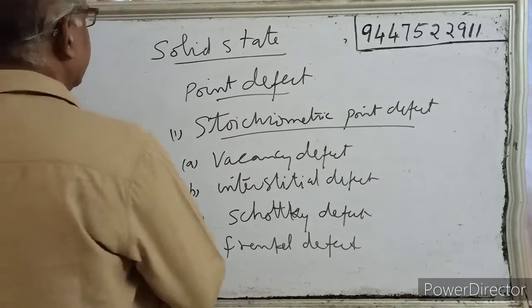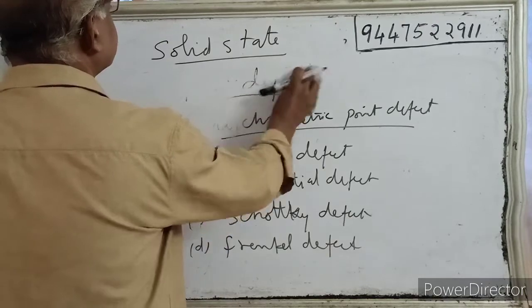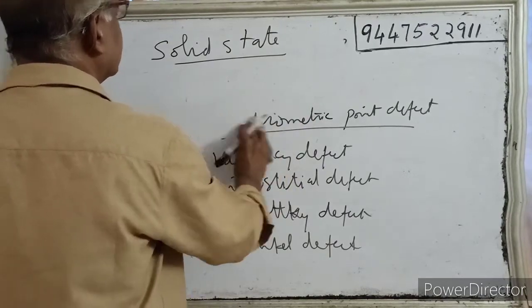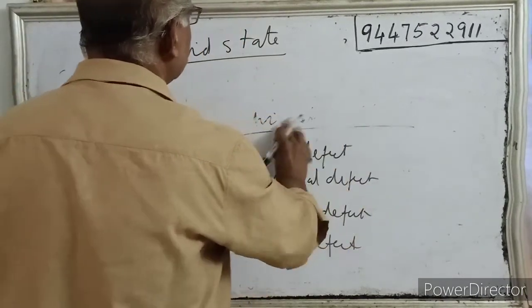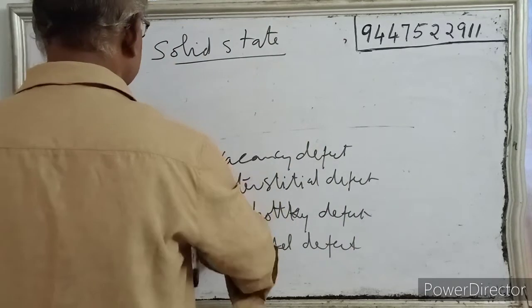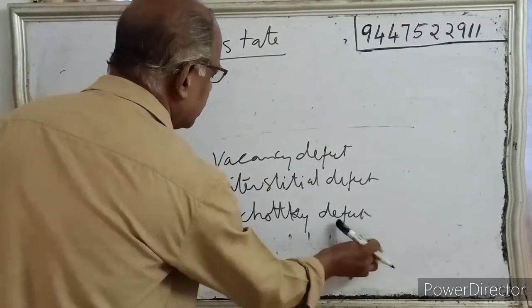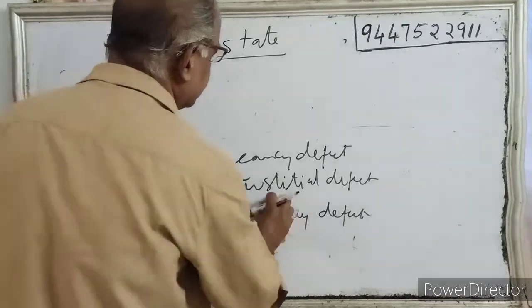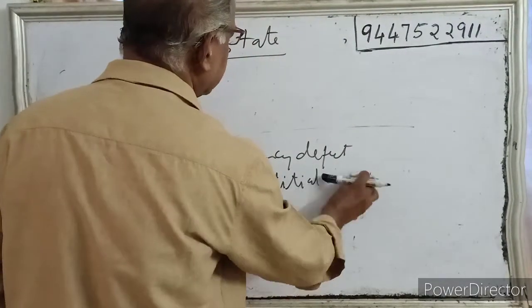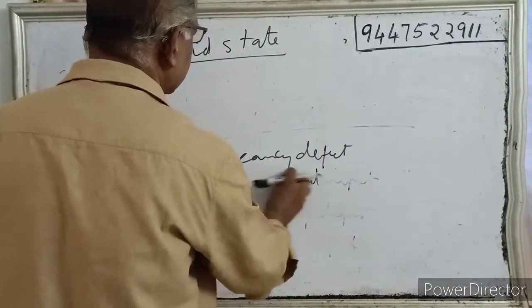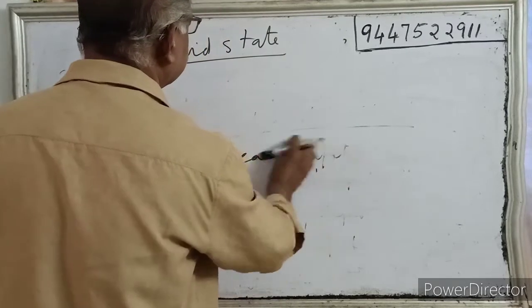So one is vacancy defect. This vacancy defect arises due to the vacancy of some atoms in the position in the crystal lattice. There will be some vacant spaces in the crystal lattice. That is vacancy defect.